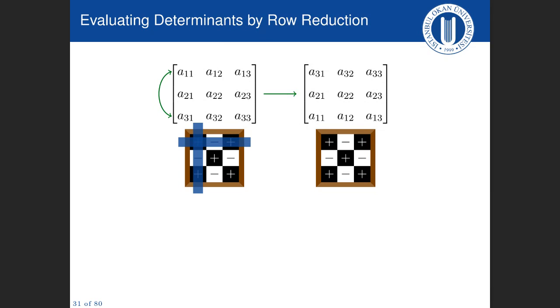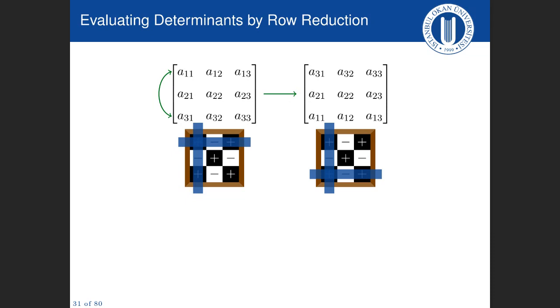For the original matrix, the matrix on the left, if we're calculating the minor of A11, we cross out the first row and we cross out the first column. In the second matrix, if we're trying to calculate the minor of the same entry, we cross out the third row and the first column.